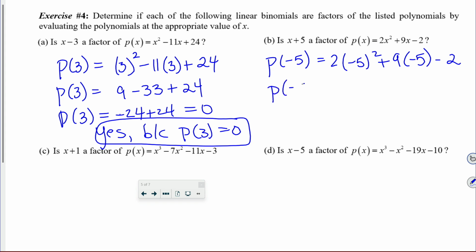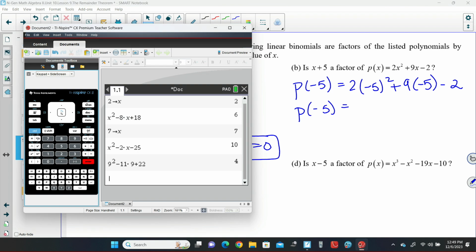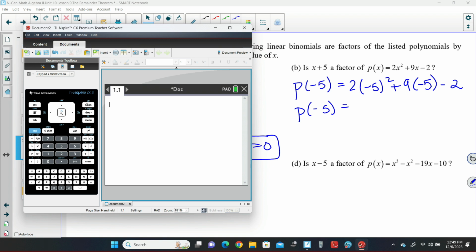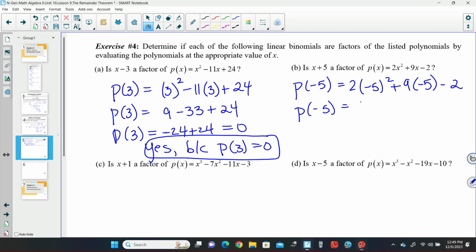And here, I think I'm going to get a little lazy, right? I'm going to try to save a little time. I also am worried about being accurate. Let me just clear this out, right? So here, maybe I'll store negative 5 in x, and I'll type in 2x squared plus 9x minus 2. And I find that P of negative 5 is equal to 3, and then the answer is no, because P of negative 5 doesn't equal 0.